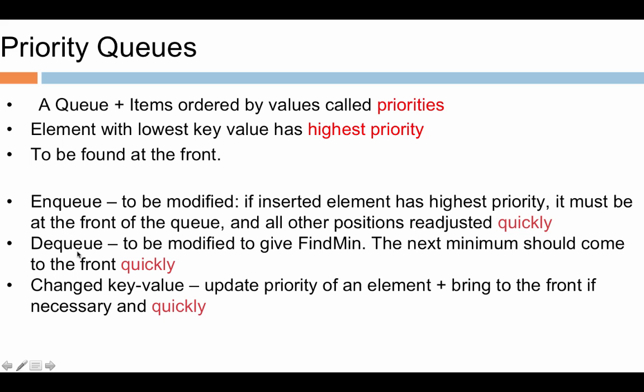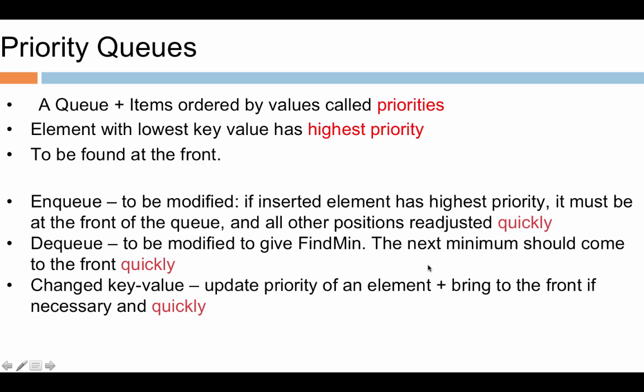Similarly, if you want to dequeue, that is, remove an element from the queue, then you must modify it so that you get the element of the least value, in other words, the element of the highest priority, and then the next element must be organized so that the next minimum can be obtained very quickly. So this is a dequeue operation. Again, if somebody has a higher priority, such a person must be brought out of the queue first, and the next data item with the best priority must be arranged so that it can be removed quickly when the time arises.